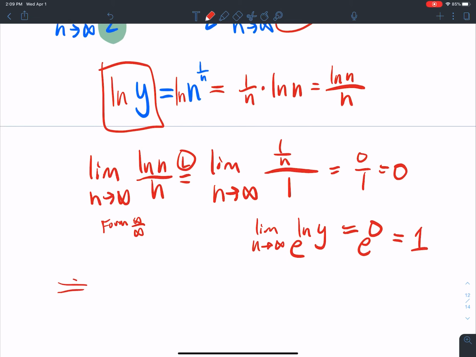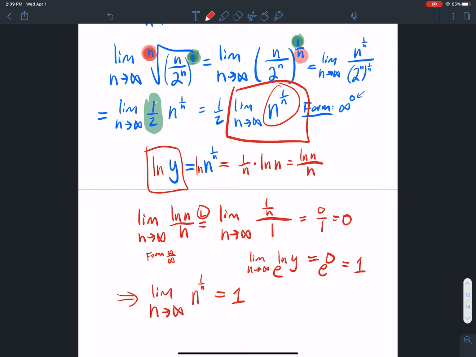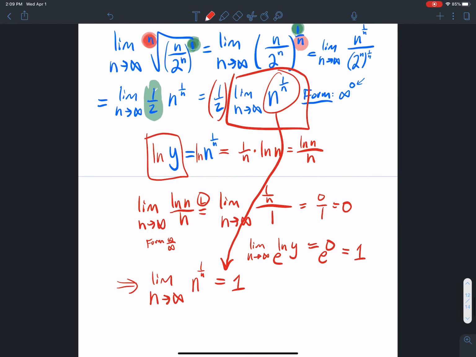So that tells me that the limit as n goes to infinity of n to the 1 over n is equal to 1. Wow. Now, we're not done because that limit is multiplied by 1/2. So 1/2 times that gives me 1/2.